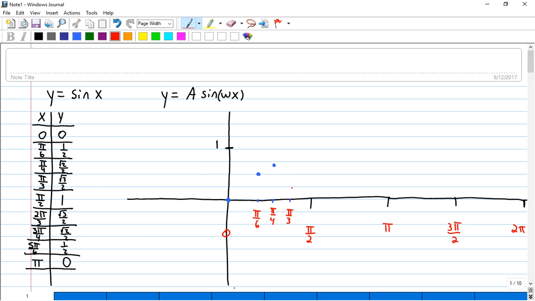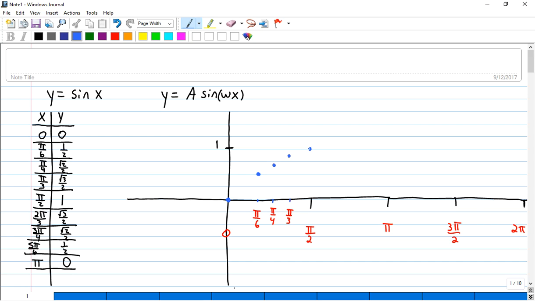So that's definitely going to be above 0.75, and we know that this line right here represents 0.75, so it's going to be on up a little bit more. And then for pi over 2, we have 1. So you see right here where I have pi over 2, we're going to go all the way up to 1.